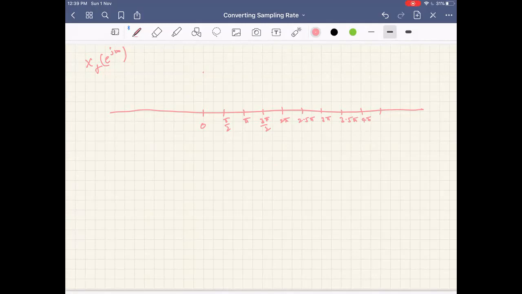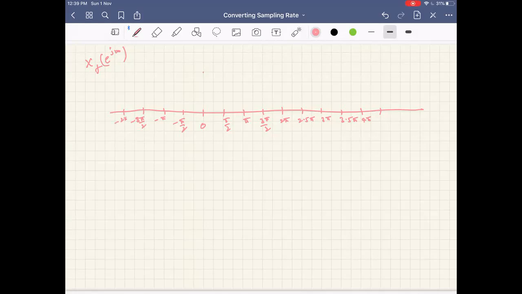And minus pi by 2, minus pi, minus 3 pi by 2 and minus 2 pi.